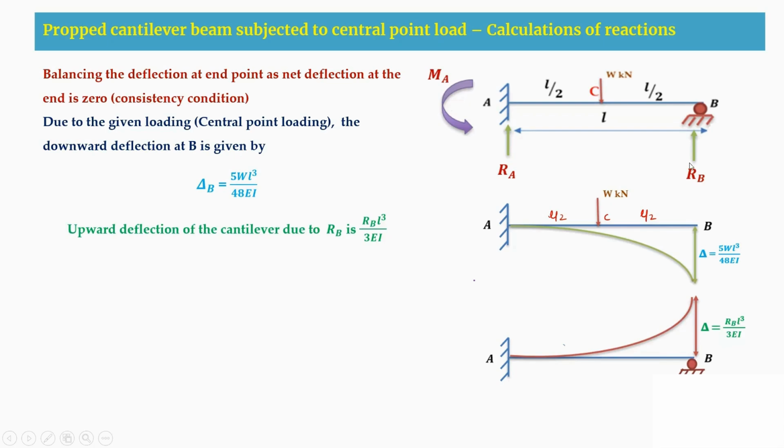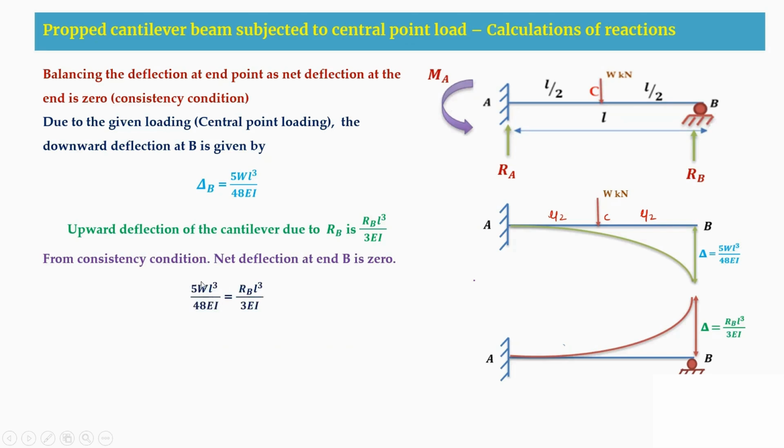As we know that the net deflection at the B support is 0, the summation of these two will be equal to 0. One is downward deflection and the other is upward deflection, therefore both are equal. In the next step, from the consistency condition, the net deflection at the end is 0.